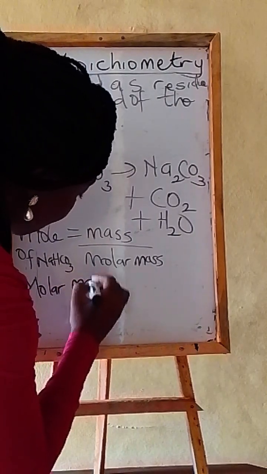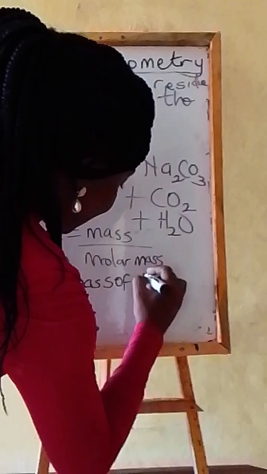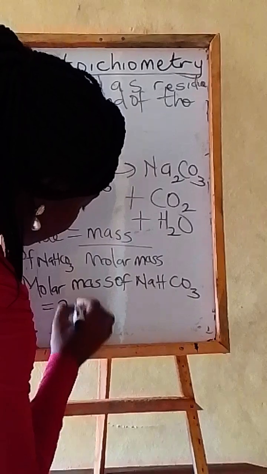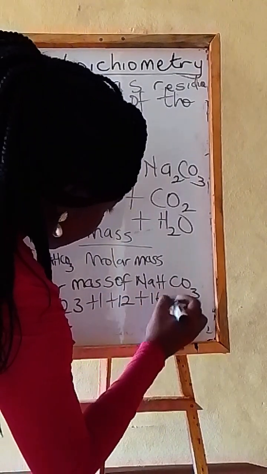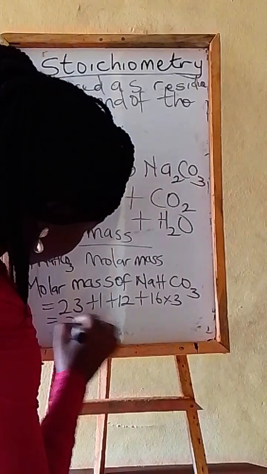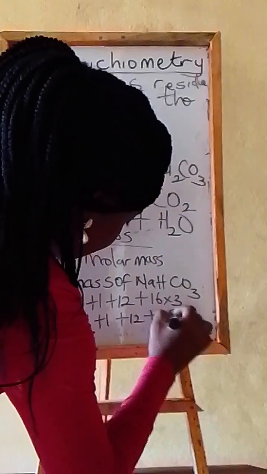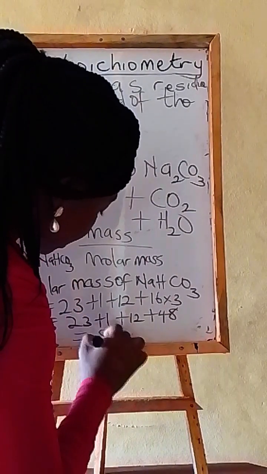First you calculate the molar mass. The molar mass of NaHCO3 is 23 plus 1 plus 12 plus 16 times 3. So we have 23 plus 1 plus 12 plus 48, which is 84.